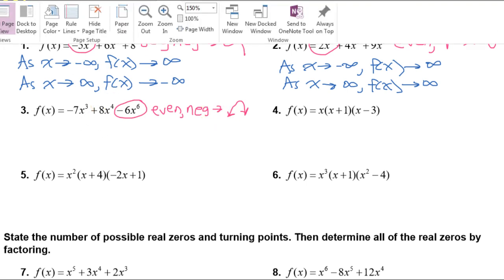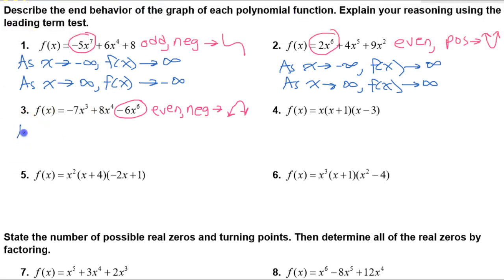Okay, so that means as x approaches negative infinity, f of x approaches negative infinity, and as x approaches positive infinity, f of x again approaches negative infinity.